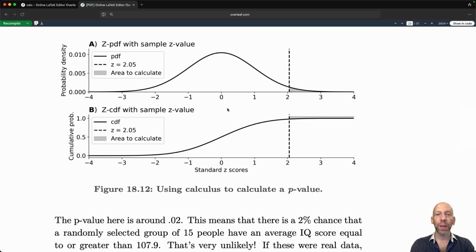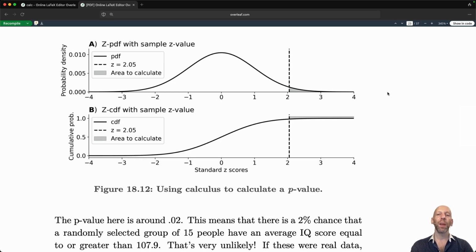Why did I create the PDF only up to 50? Again, as I mentioned, what we really want to do is calculate the area between z equals 2 and z equals infinity. But you can also see that this normal distribution, this PDF, becomes vanishingly tiny as we get larger and larger values of z, further away from the origin.